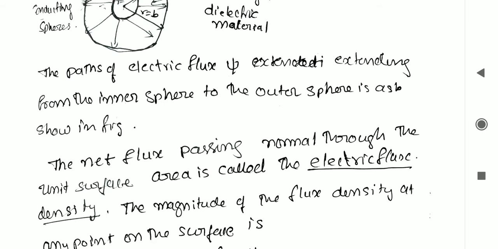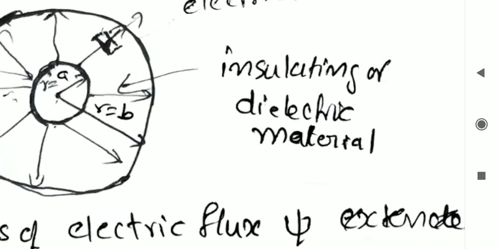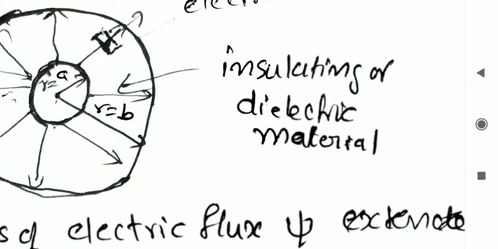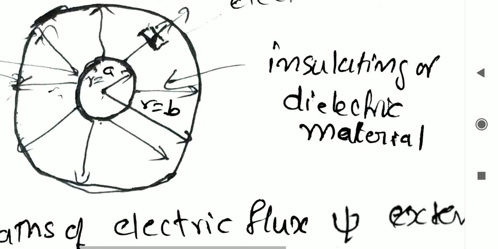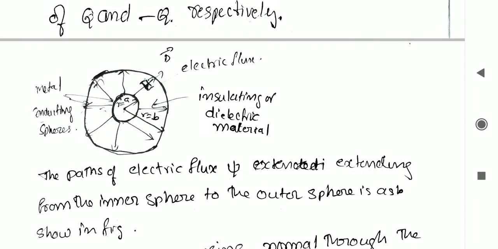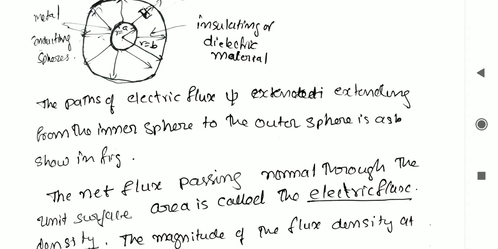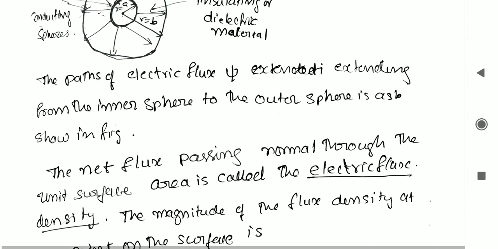If I consider some surface in between these two spheres, where there is a dielectric present, somewhere in the dielectric at some point, and I measure the total flux passing through that surface, the net flux passing through the surface we call the electric flux density.